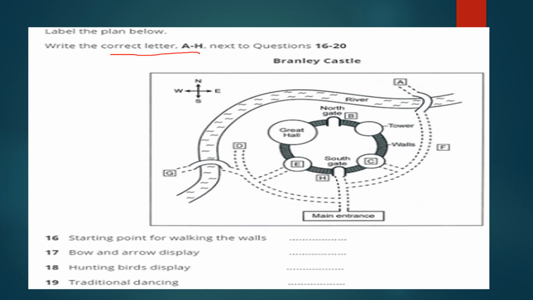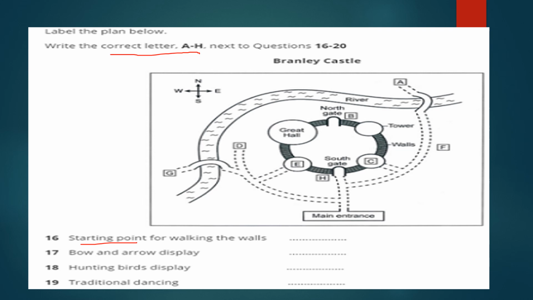The next things are starting point for walking the walls, bow and arrow display, hunting bird display, and traditional dancing. Don't worry if you don't remember these, but you have to remember the plan of the castle as much as possible. Directions are given: north, south, east, and west.